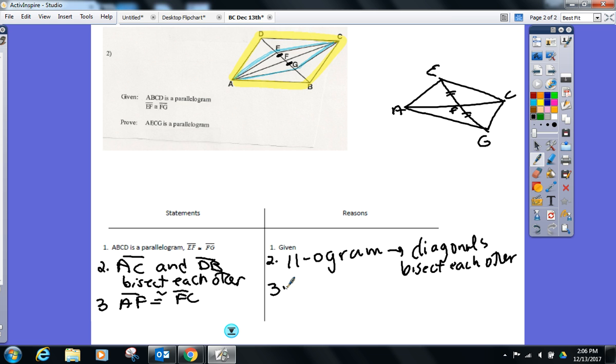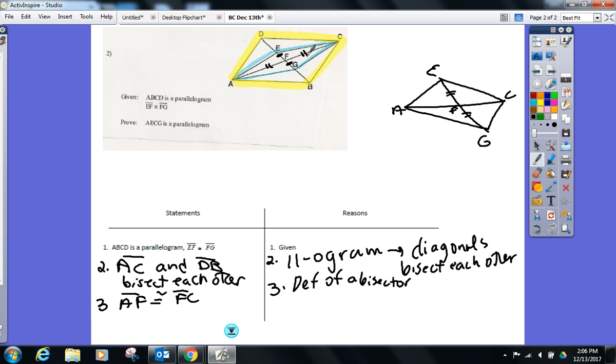Because what? You know your knowledge of a what? This is not true because it's a parallelogram. This is true because it's a bisector. All right, definition of a bisector. So now I have those two segments congruent.